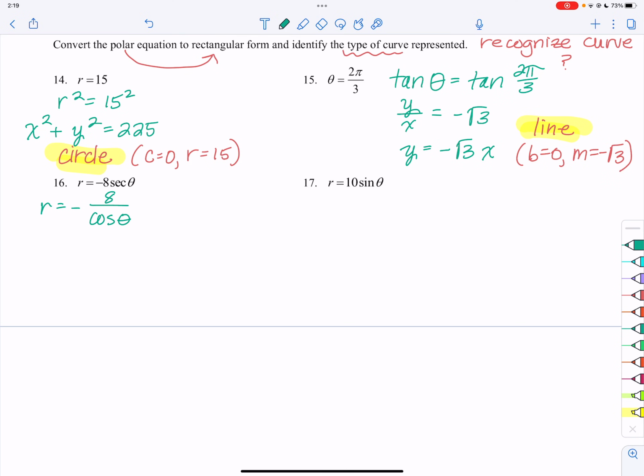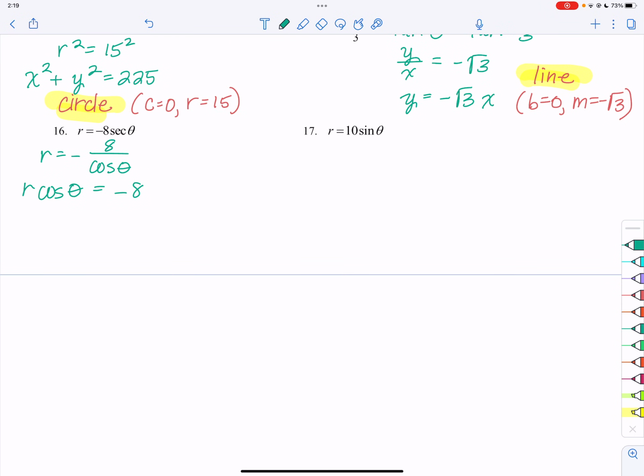So r cosine of theta equals negative 8. And r cosine of theta is just x. So what do we have? We have a vertical line. x is always negative 8.